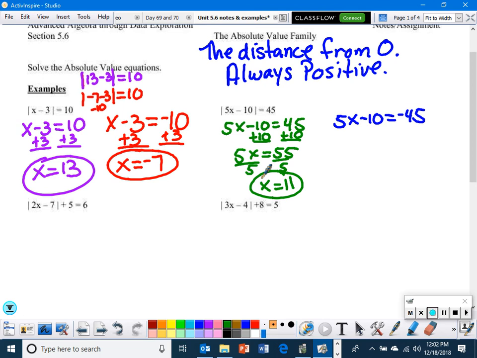Okay, solve the other one. And then if you go back and check it like we did the first one, you will see that both the 11 and the negative 7 work. All right, let's go to the third one.